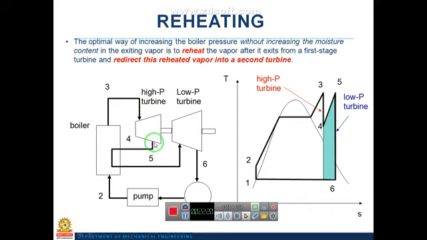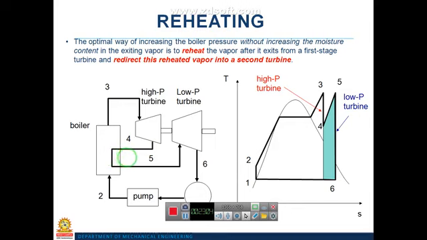At the exit of the high pressure turbine, the steam is extracted and sent into the boiler. After reheating this steam up to a certain temperature, note that the heat is added at constant pressure again in the boiler.